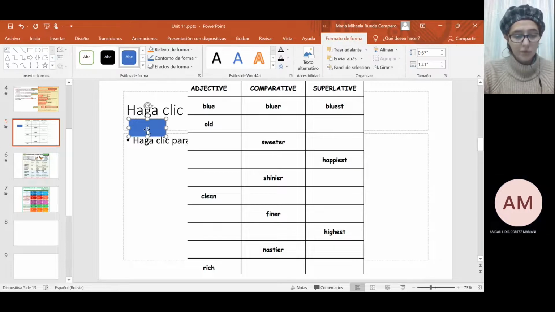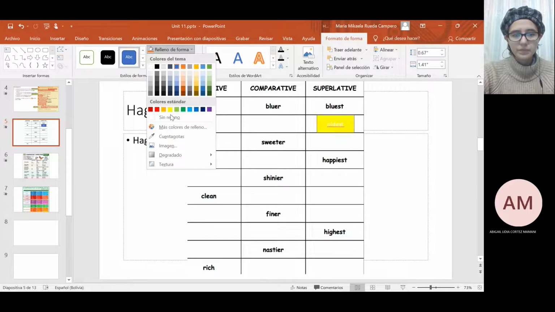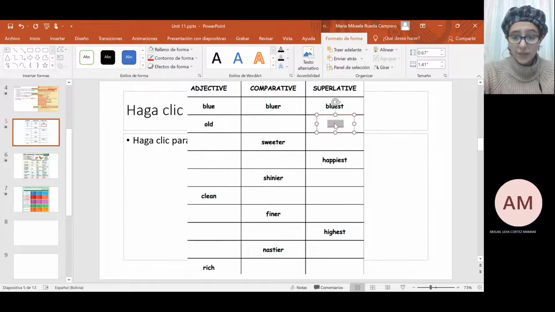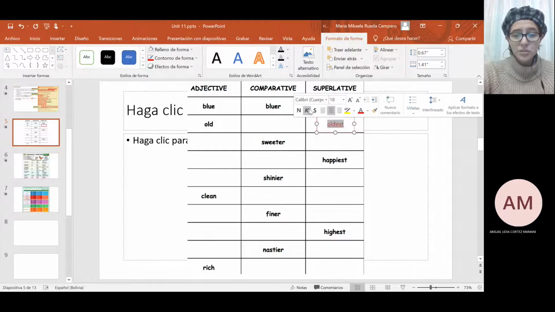Oldest. Perfect. So we're going to add est, right? If we have the comparative form sweeter, what could be the superlative form? Sweetest, perfect. And that's the adjective sweet, right?